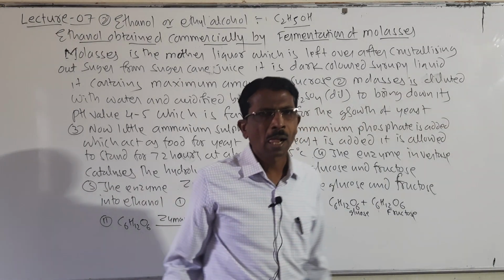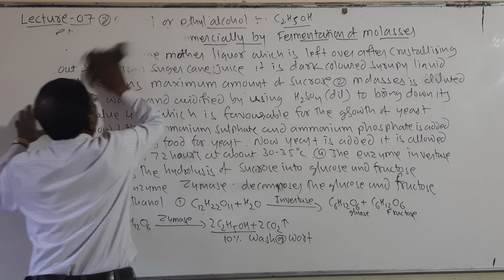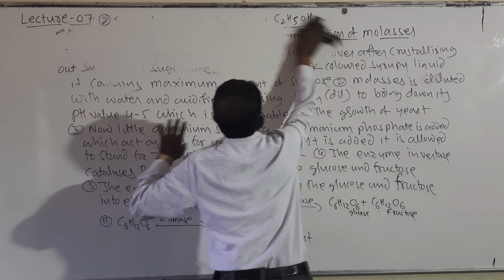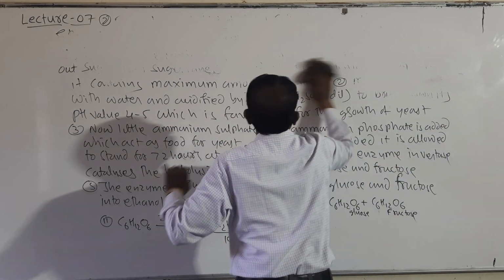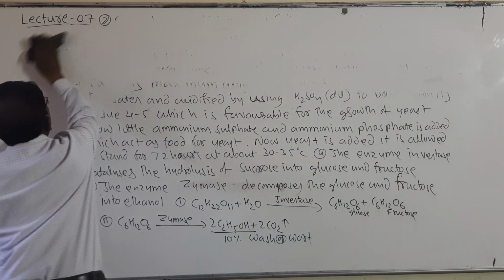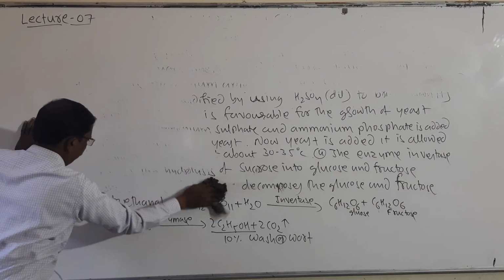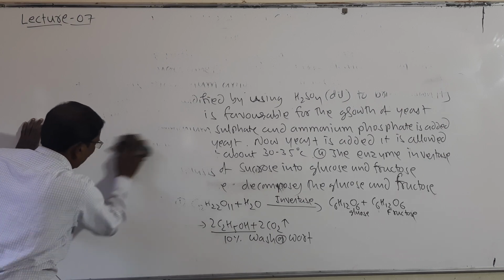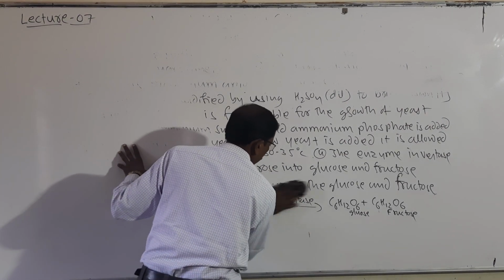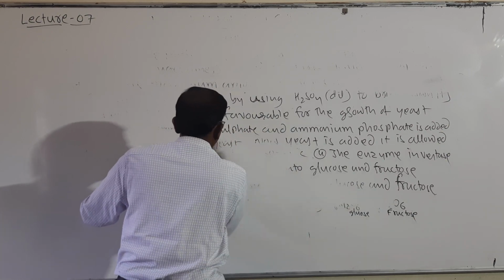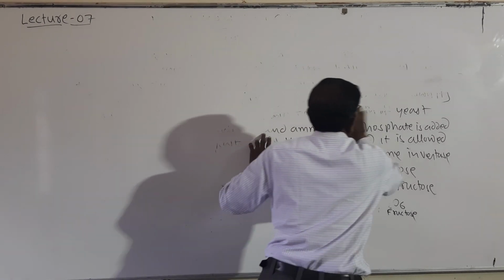Then the ethanol which is obtained here is only 6 to 10 percent, and this ethanol is subjected to fractional distillation. And by fractional distillation you will get only 95.5% alcohol. That is also called rectified spirit.